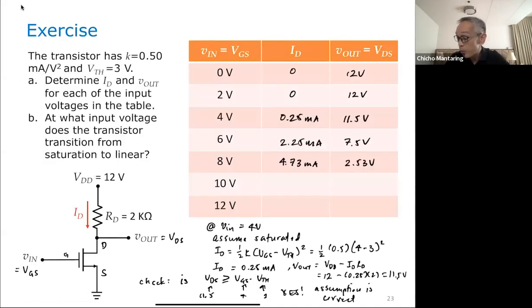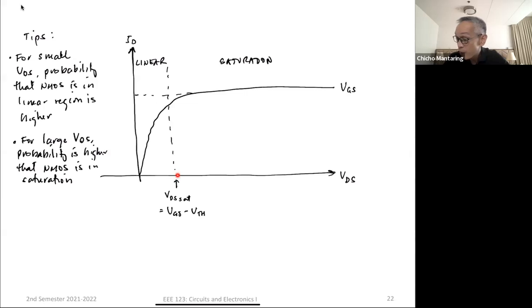It happens at this point. When VDS is equal to VGS minus VTH, at this point we are transitioning between the linear region and the saturation region.